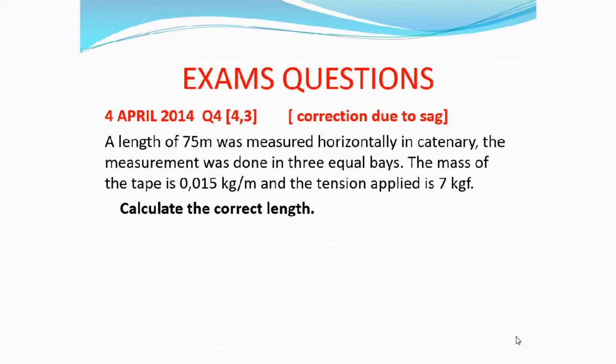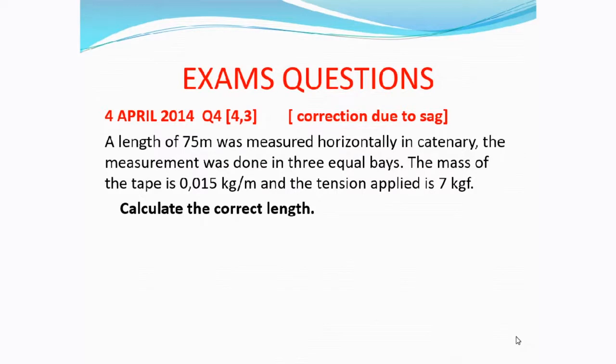Okay, if you are looking at this question, you can see that you are given the length, which is 75 meters. You were also given the number of bays, that the measurement was done in 3 equal bays, and you were also given the mass of the tape, which is 0.015 kg per meter, and also the tension applied, which is 7 kilogram force.